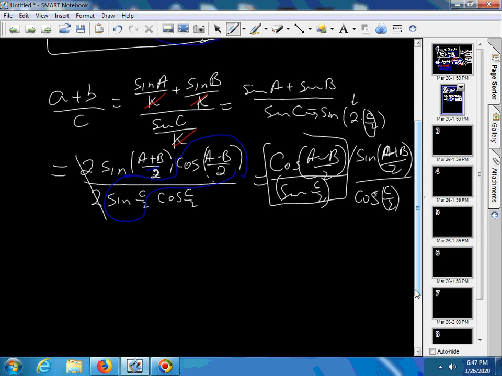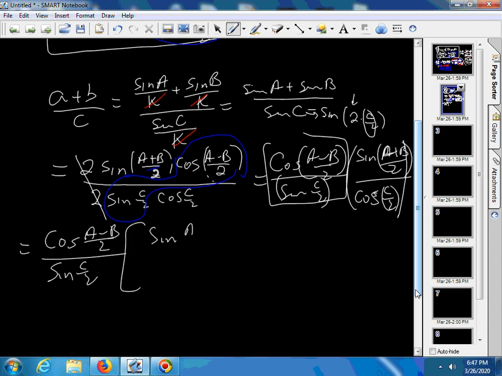So I want to show what's in that bracket cancels out to 1. Well, let's just write everything else, times the sine of (a plus b) over 2. Now, we know that angle A plus angle B plus angle C is 180.